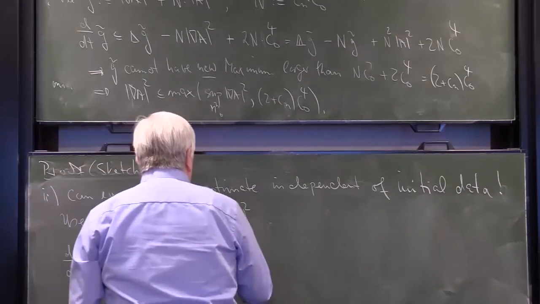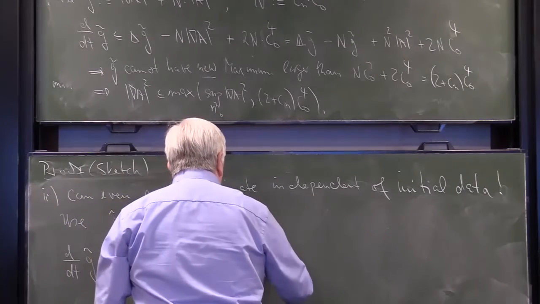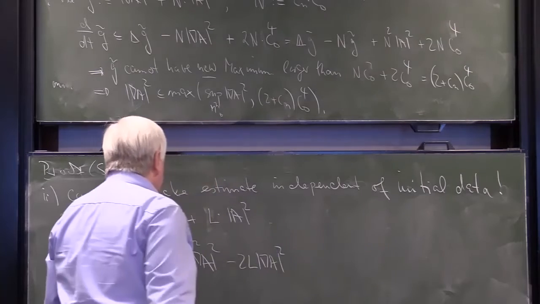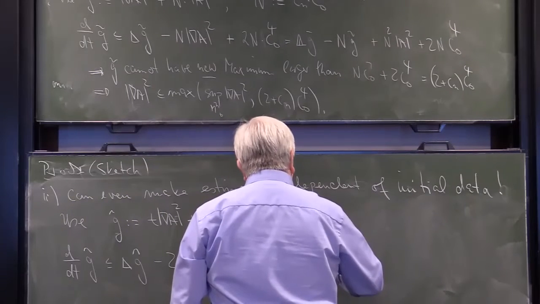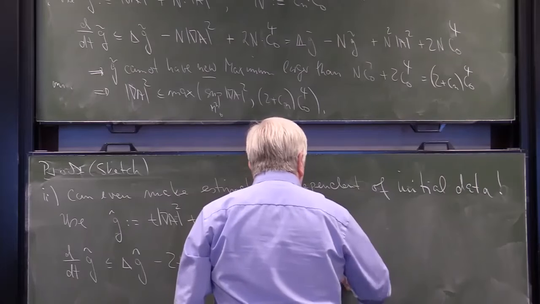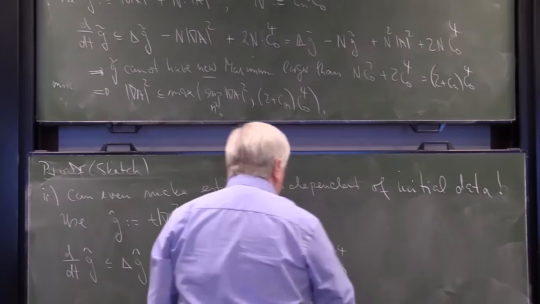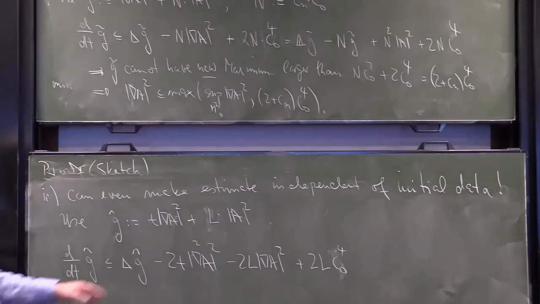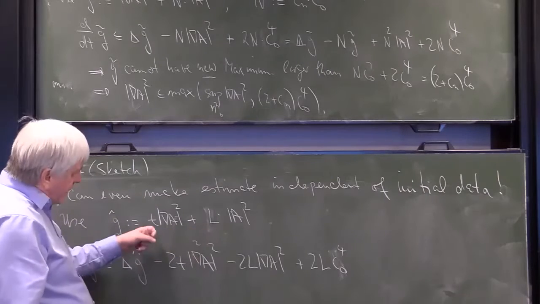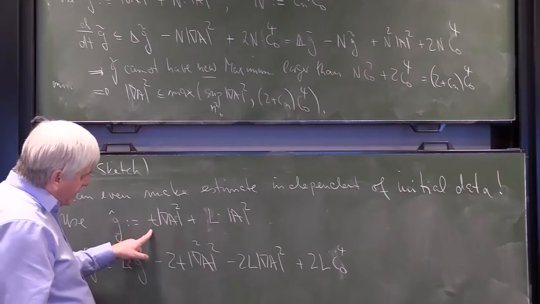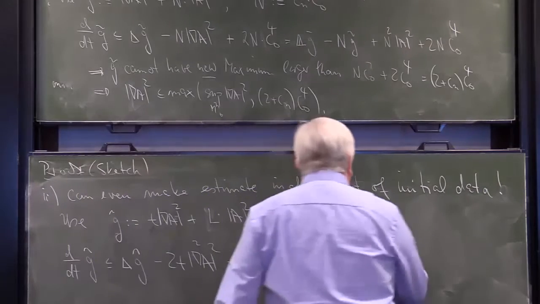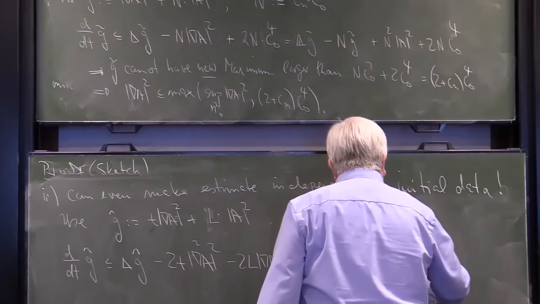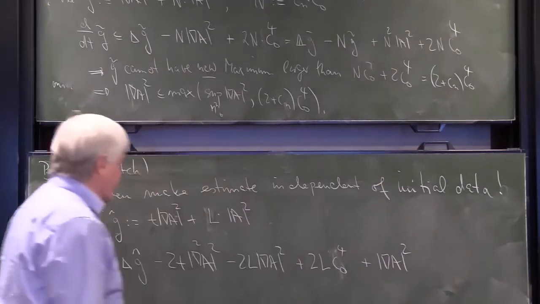From here you get minus 2L gradient A squared. Then you get the bad term 2L A to the 4, which is C0 to the 4, coming from the evolution of this. And then you get one extra term coming from the time derivative of this guy, like gradient A squared.